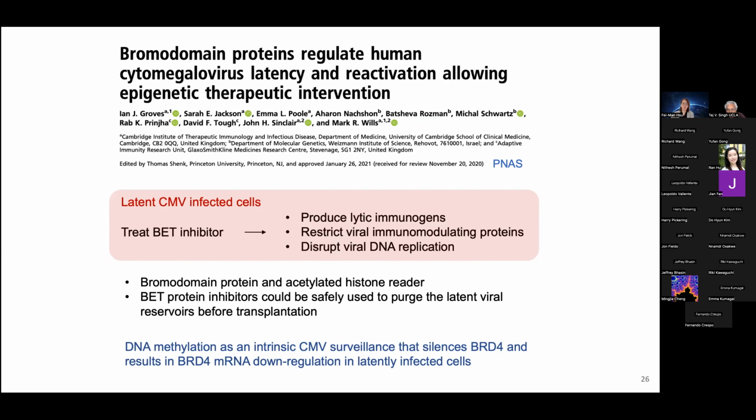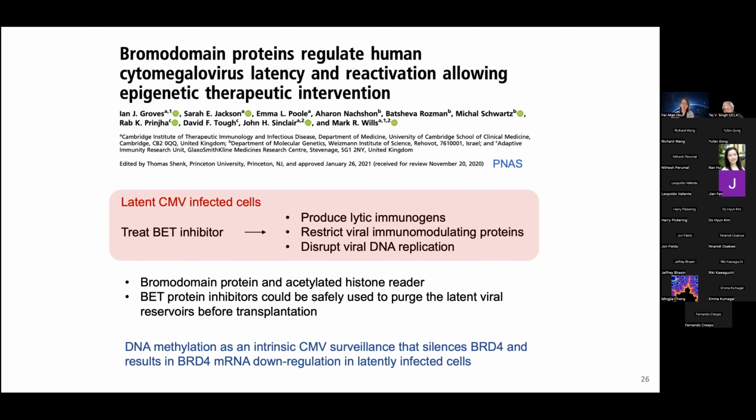So people say this might be a good intervention to help the host immune system purge those latent viral reservoirs before surgeries, for example a transplant, to avoid downstream immunosuppression effects like CMV viremia.